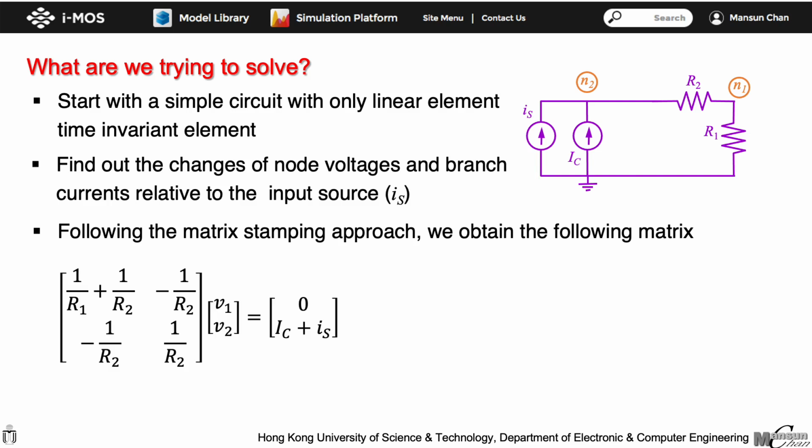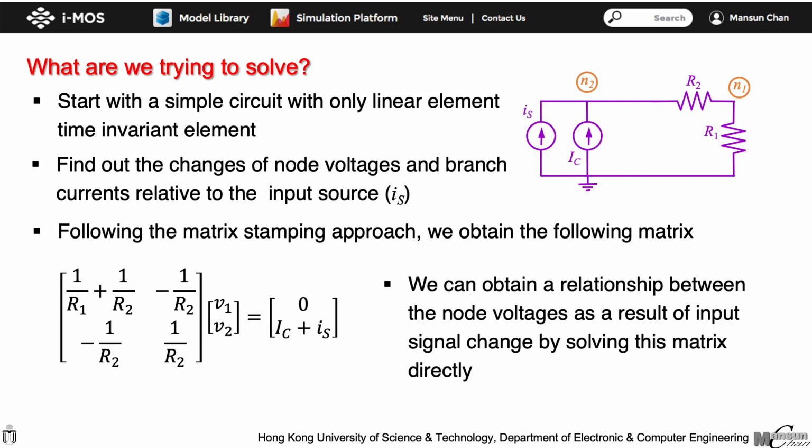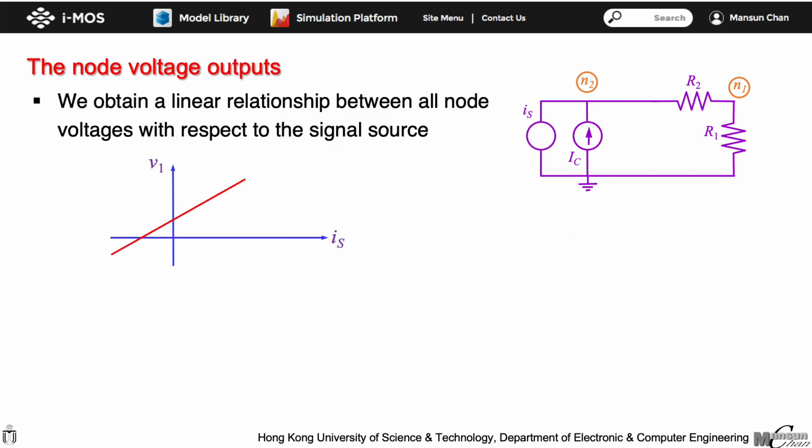We can find out the voltage of node 1 and node 2 by solving this matrix directly. As the circuit only contains linear elements, no iteration is necessary, and the matrix gives the solution directly. If we plot one of the voltages, say V1, versus the input signal current, we can get a linear relationship as shown in this figure.